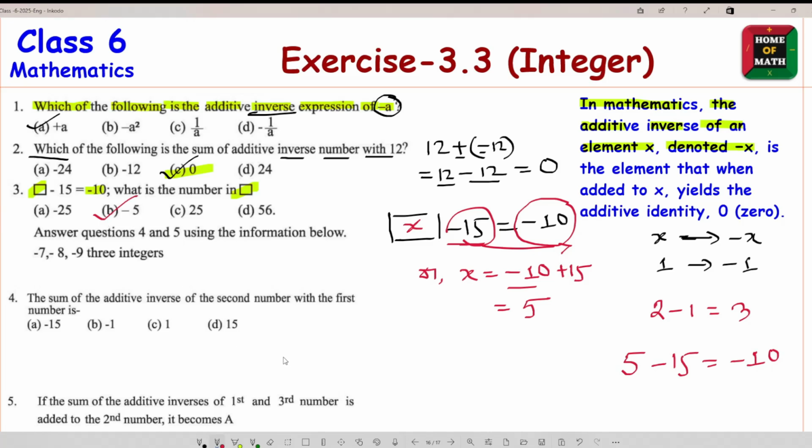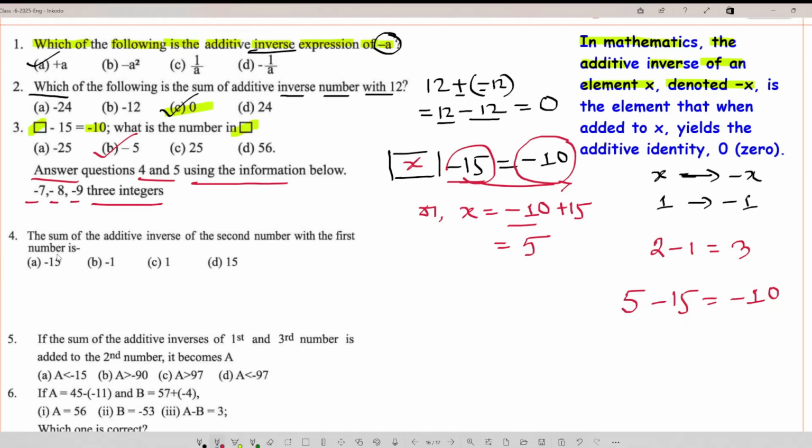Okay, now answer questions 4 and 5 using the information below. The information is minus 7, minus 8, minus 9, three integers. What are integers? Integers include all numbers except fractions, right? So the question is, the sum of the additive inverse of the second number with the first number.